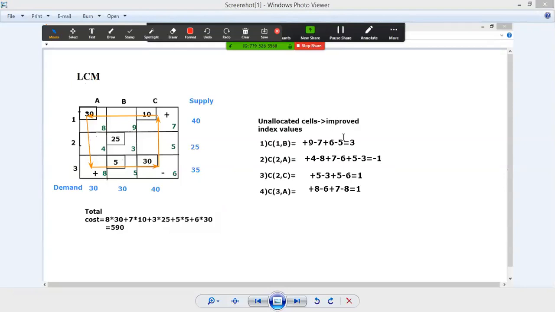So this was the cell through which we got a negative value, which indicates that I can reduce my cost further. So let us consider this particular cell.